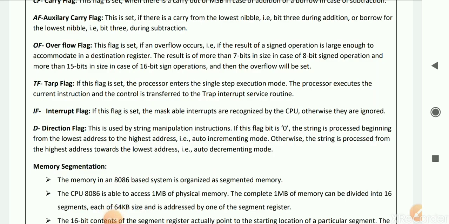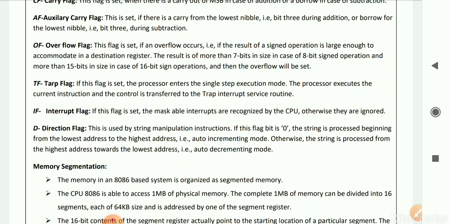Next is the direction flag. This flag bit is used to manipulate or process strings. If this flag bit is 0, the string is processed from the lower address to the higher address, and that is called auto incrementing mode. Otherwise, if this bit is 1, the string is processed from the highest address towards the lower address, that is auto decrementing mode.